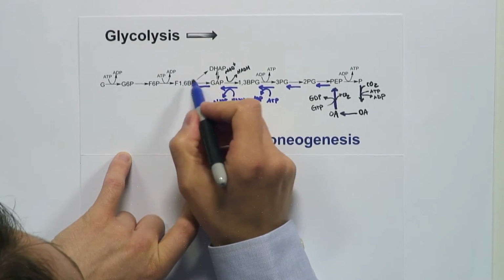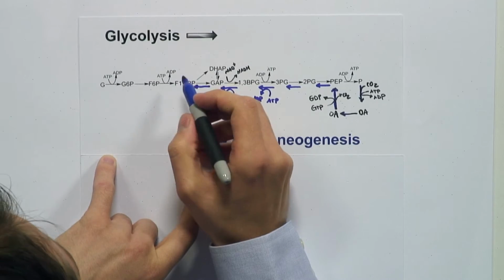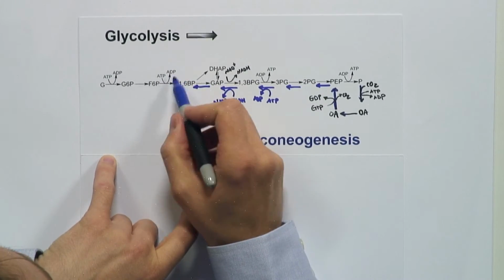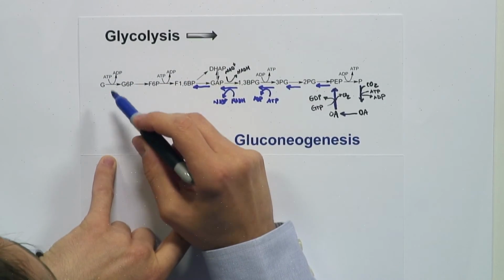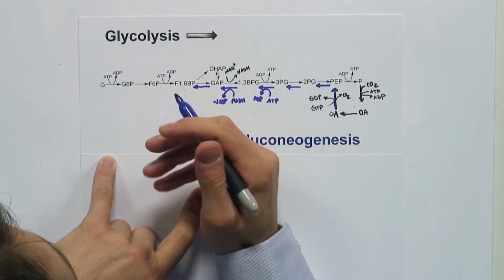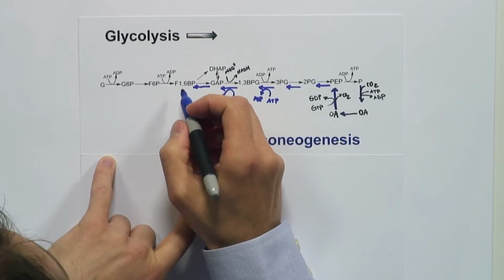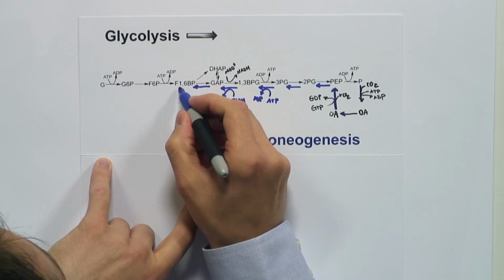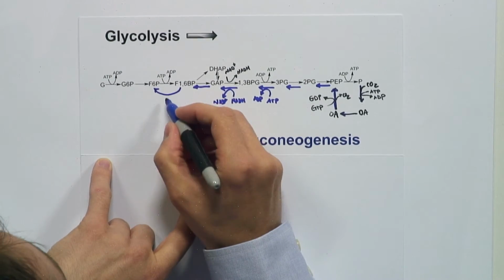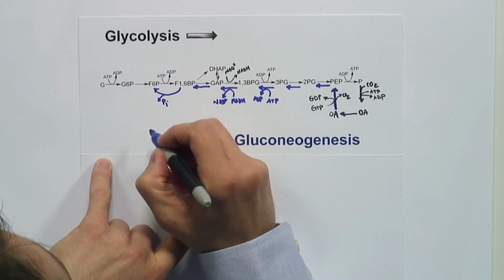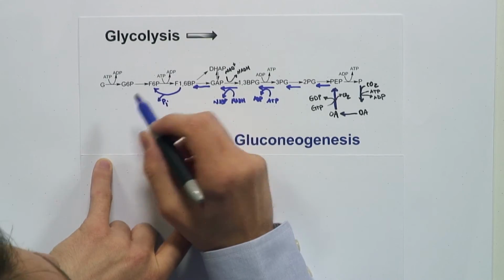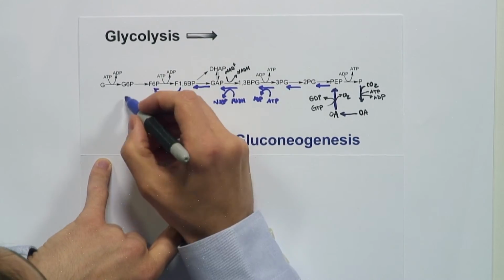Now, going from fructose 1,6-bisphosphate to glucose, we're not going to do these kinase reactions in reverse, where we would be generating ATP, and therefore they would not be spontaneous in the reverse direction, but rather we're going to use alternate enzymes called phosphatases, where we lose the phosphates without regenerating ATP molecules.